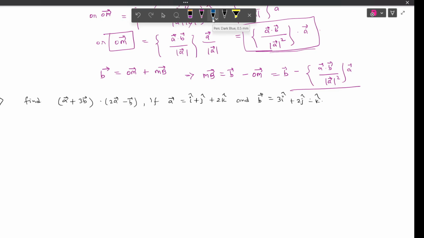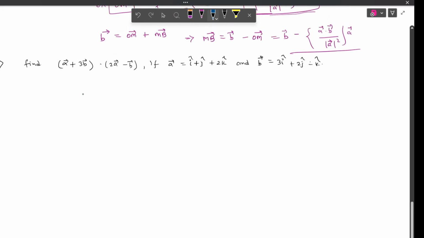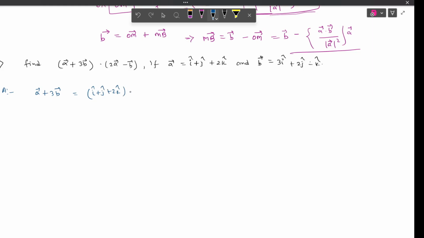So we have been given A vector and B vector. First of all, find out A plus 3B. A is i cap plus j cap plus 2k cap, plus 3 times B, that is 3i cap plus 2j cap minus k cap.